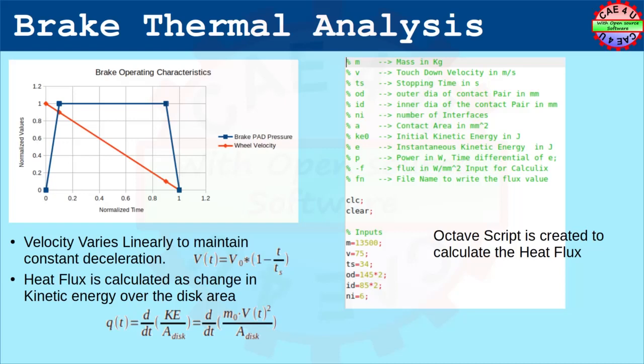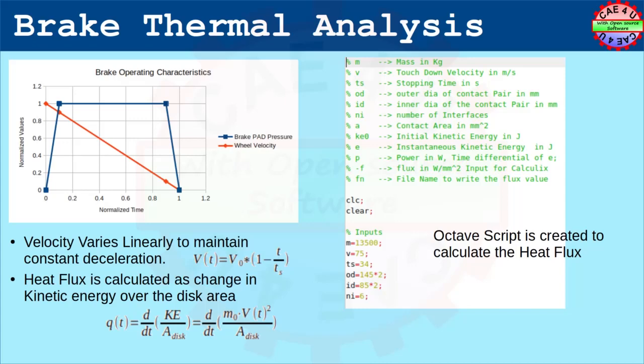To make the calculations easier, an Octave script has been generated in which the necessary values are fed in to get the flux values. It will be shown later that only the maximum or initial flux is sufficient to do the calculations because of the facilities available in the software.